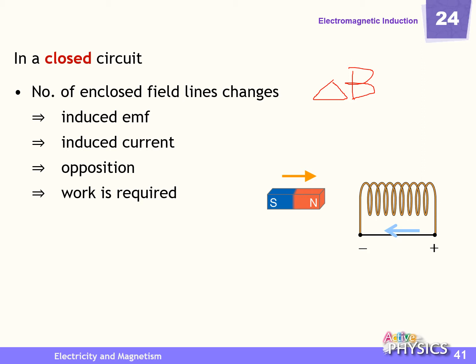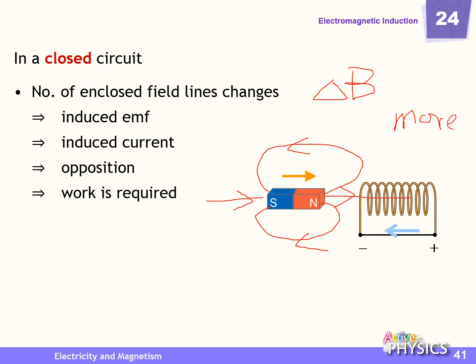So let's see what happened in this case. The magnetic field line is pointing toward the right hand side, from the north pole to the south pole. So when the magnet moves toward the coil, more and more field lines pass through the solenoid, pointing toward the right hand side.